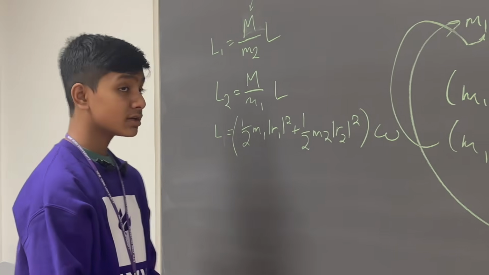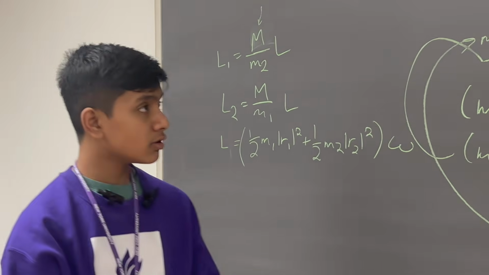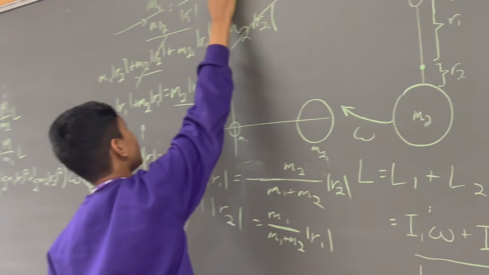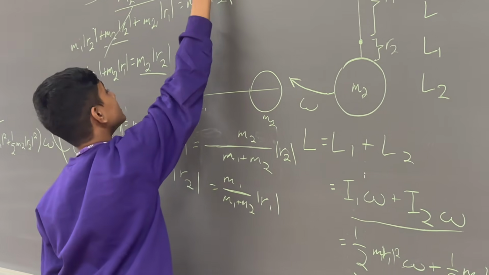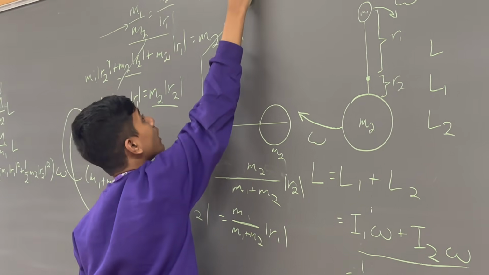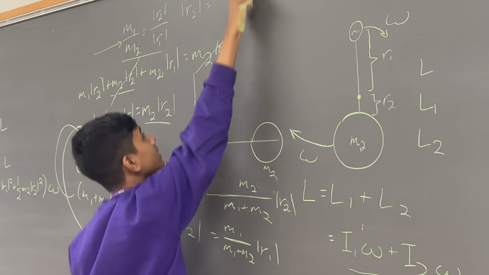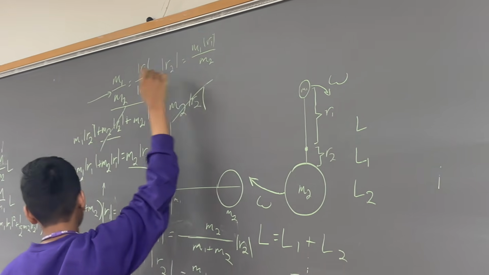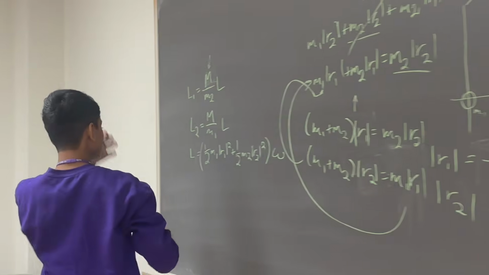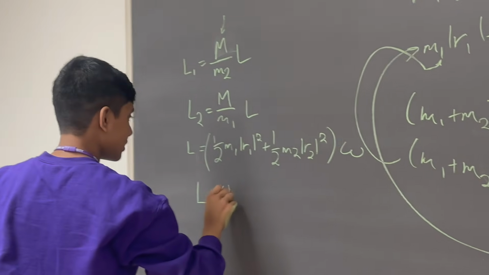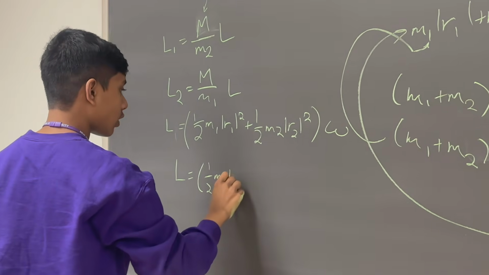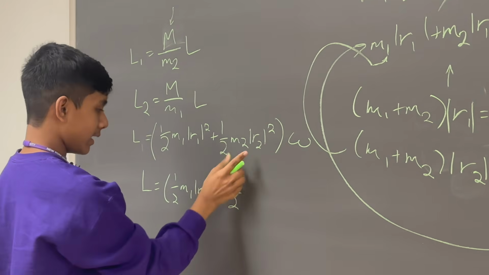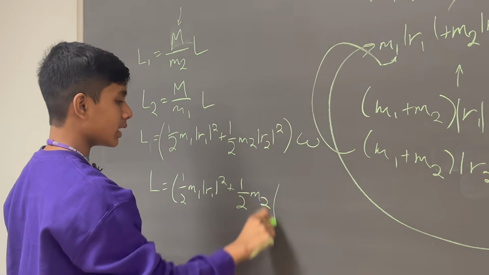So now, here's what we're going to do. We are going to use this formula, and we now realize that R2 is equal to M1 R1 over M2, which means that when we square it, it's just going to be half M1 R1 squared plus half M2 multiplied by what?